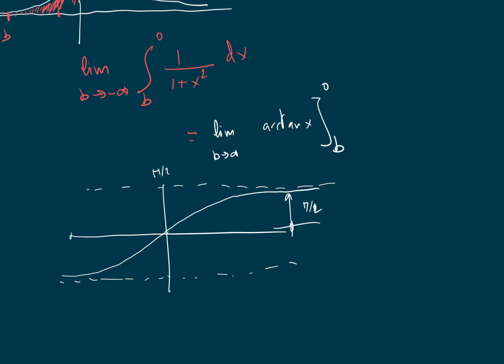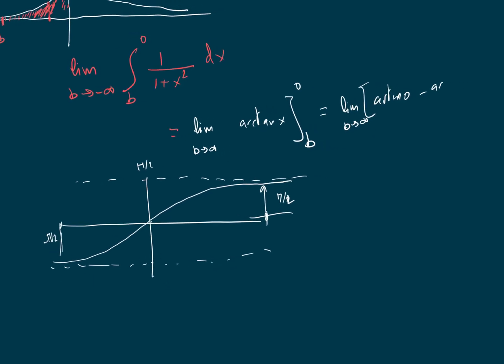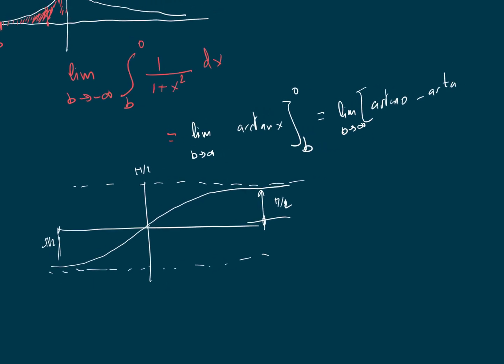And as you move into minus infinity, it will approach minus pi divided by 2. So this is arctangent of x, the inverse of tangent of x. So it will be the limit when v goes to minus infinity of arctangent of 0 minus arctangent of v.